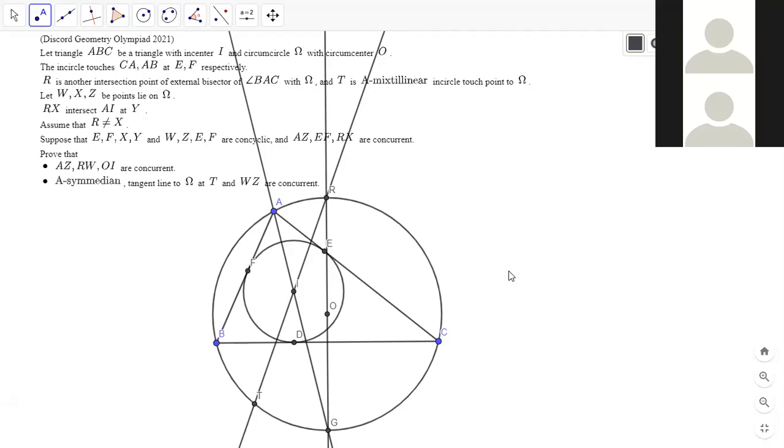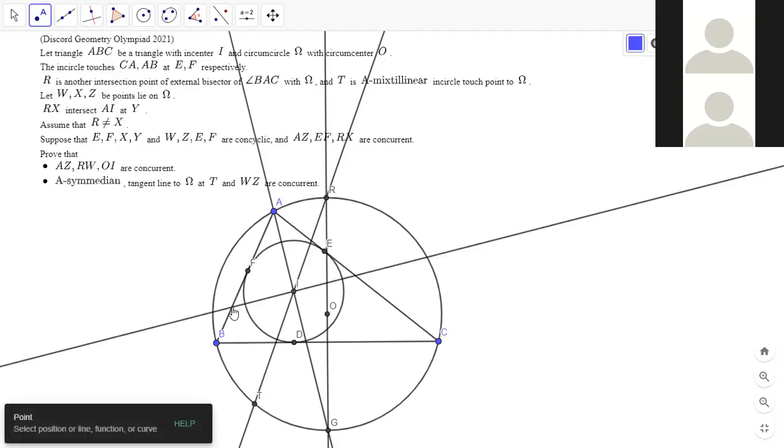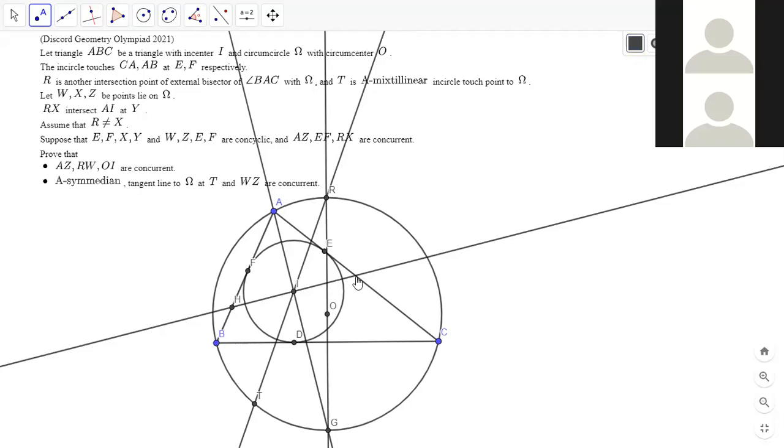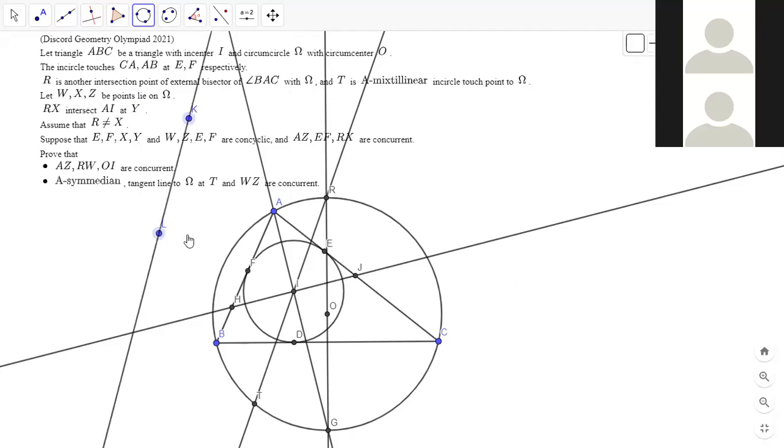I don't know if I want to draw it. I'll draw the mixtilinear incircle. So that would be basically the circumcircle of THJ. Whoops, didn't mean to do that. Okay, so we have the circumcircle of THJ as the mixtilinear incircle.